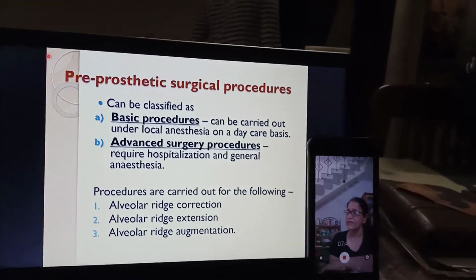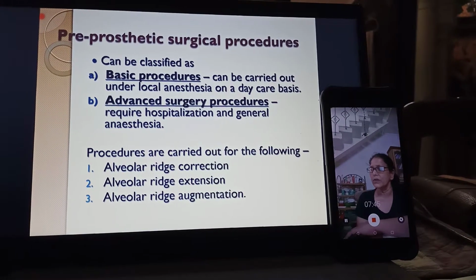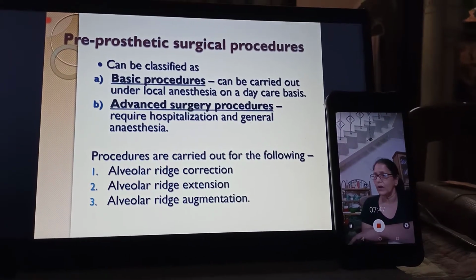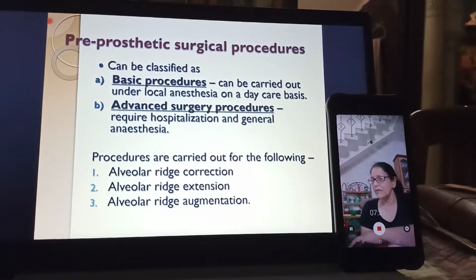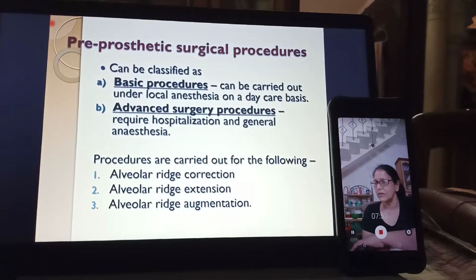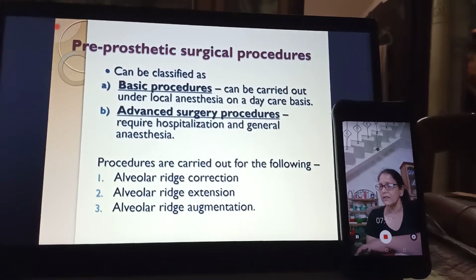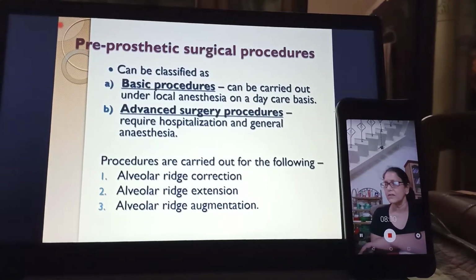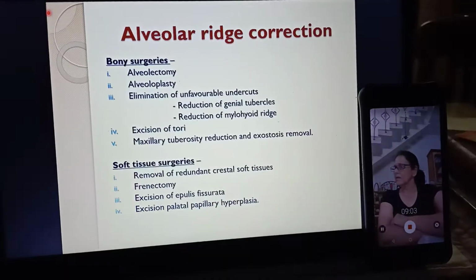Another way of classifying is that the procedures which are carried out, number one, for alveolar ridge correction or alveolar ridge extension and alveolar ridge augmentation. So this is actually the clinical classification which is going to guide us with regard to various pre-prosthetic surgical procedures.